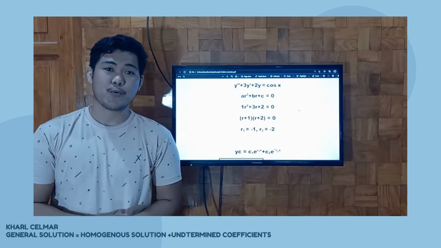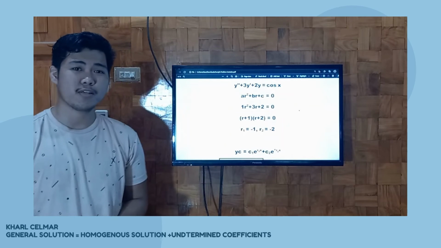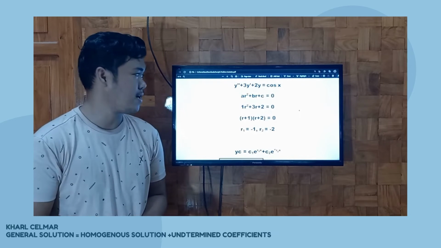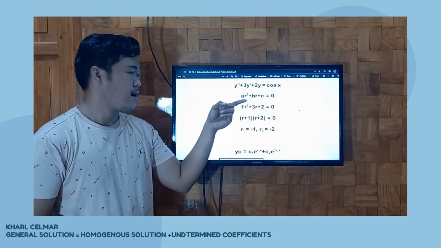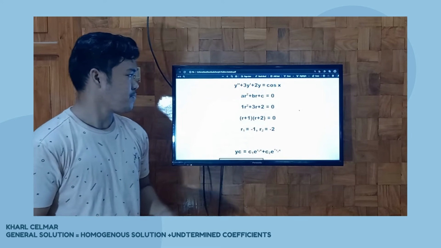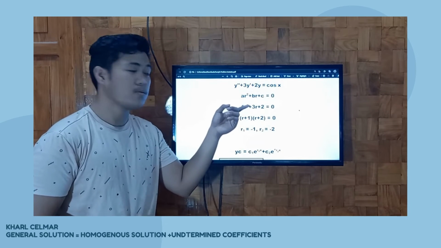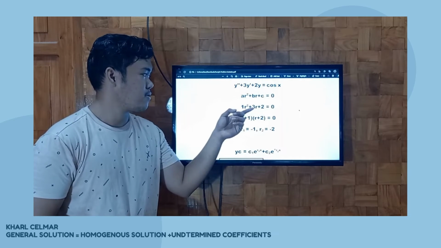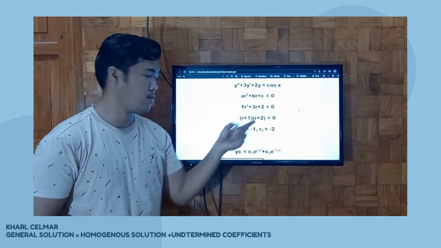Now I'm going to talk about another example of a non-homogeneous differential equation. The example is y double prime plus 3y prime plus 2y is equal to cosine x. So we have the equation r squared plus br plus c is equal to 0. Since our a is 1, we have r squared plus 3r plus 2 equals 0.